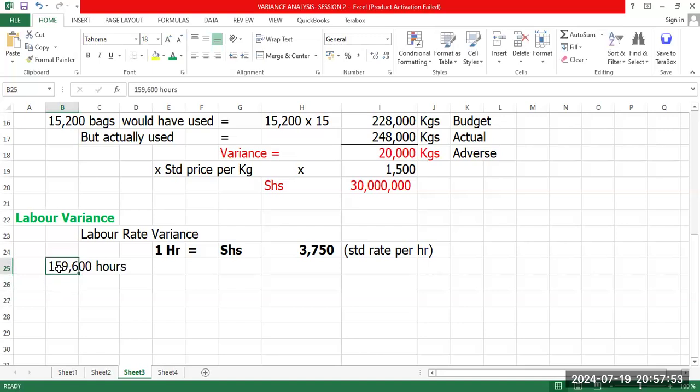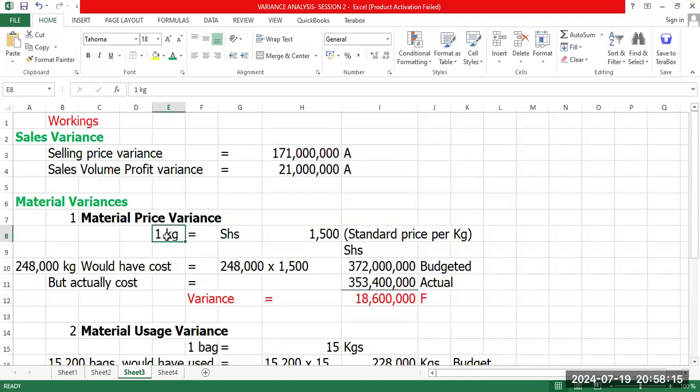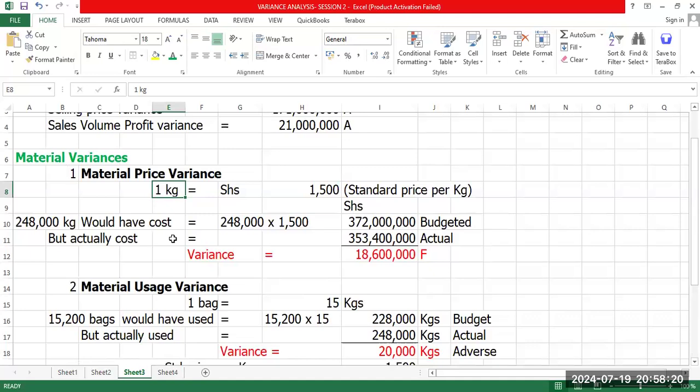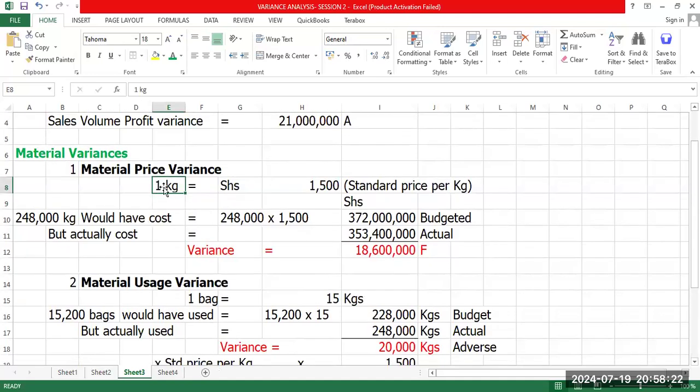We are not picking the budgeted things. We rely on the actual as we conclude. Once you get this, go to the actual information. Pick what is the actual. What you are picking should be corresponding to what you stated here first. Here we stated first the time. You see here we stated kgs. Here we have to start with kgs. So what you state here determines your next step.